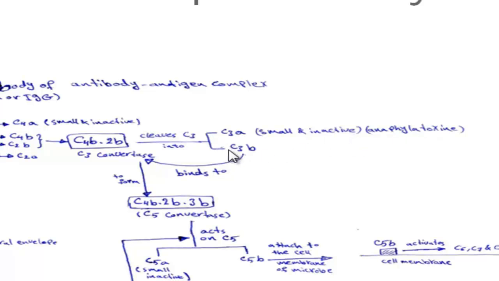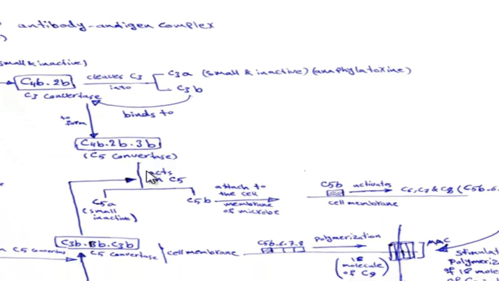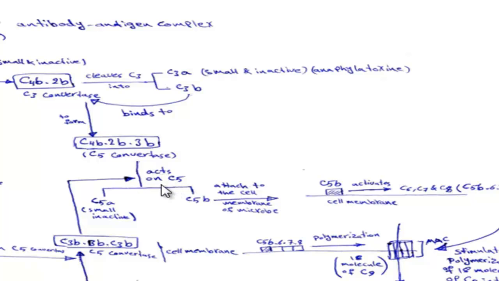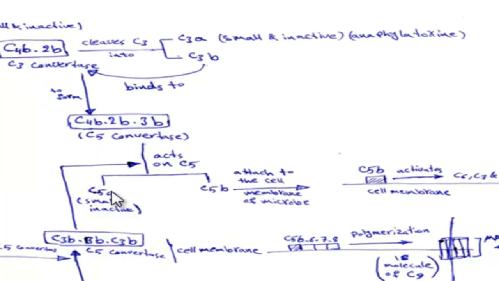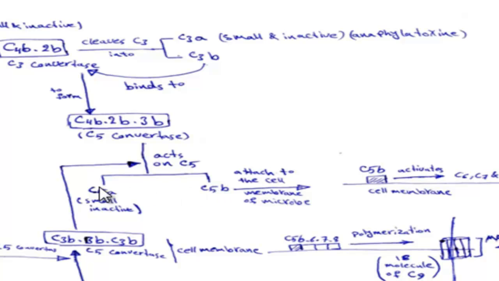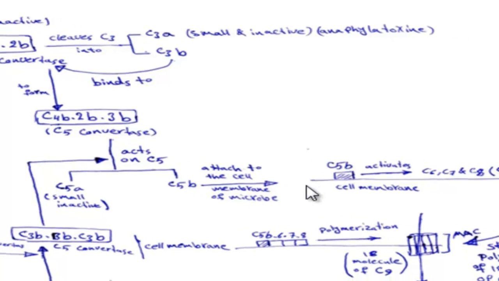Now, another product is the C3B that binds to the C3 convertase to form a complex C4B2B3B, known as C5 convertase, which acts on C5, again yielding C5A and C5B. C5A is small and inactive, C5B is a large and active fragment that attaches to the cell membrane of the microbe.